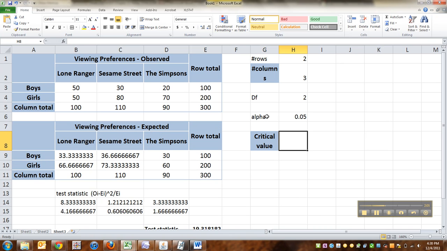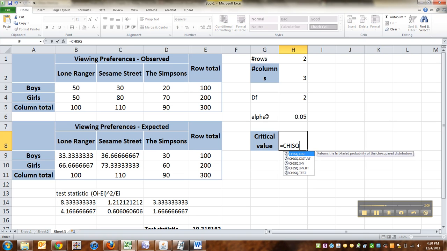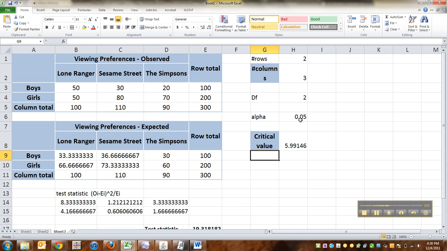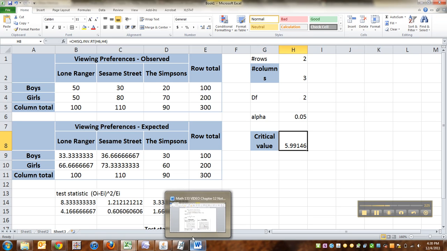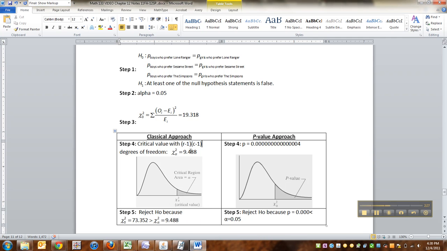Okay, so the critical value would be equal to CHISQ.INV.RT, 0.05 comma degrees of freedom, which is 2. There we go. That's the critical value, 5.991. Okay.